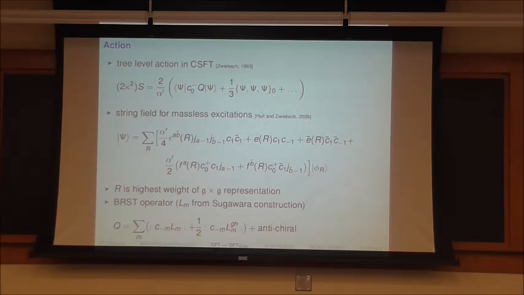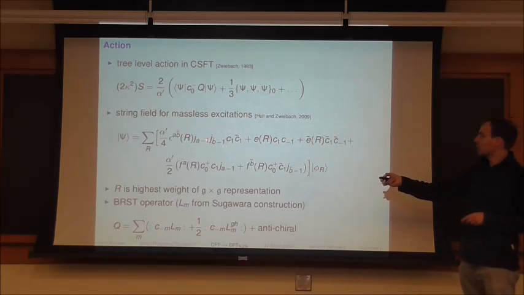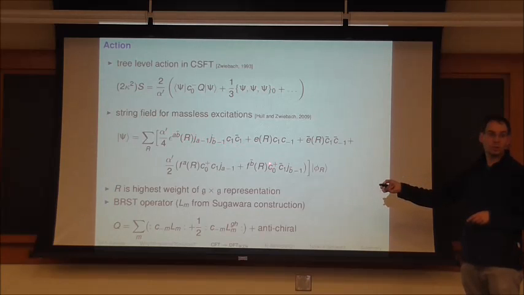So in this talk, are you not going to worry about this psi cube term? No, I'm worrying about it. But not about the psi to the power of 4 term, for example. But in the psi cube term, how do you define that object written in the first line? It's very abstract. What's the meaning of that product? It's really a scattering amplitude in CFT. You can interpret this expression as a sum over many different vertex operators.